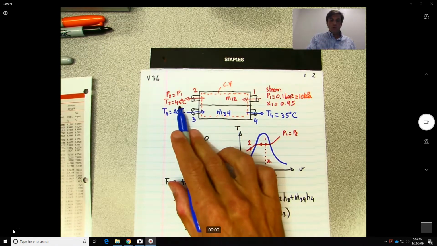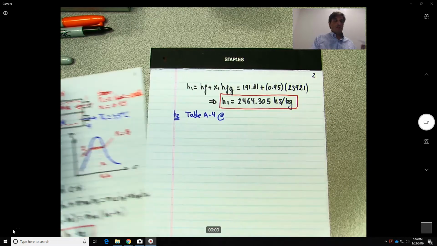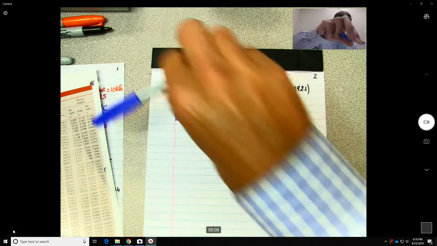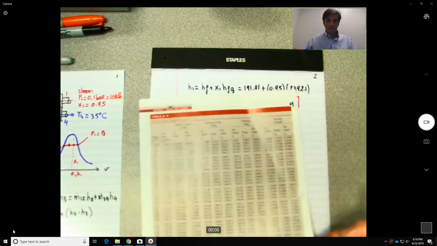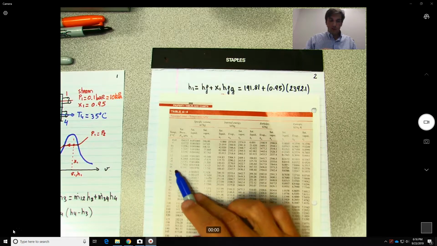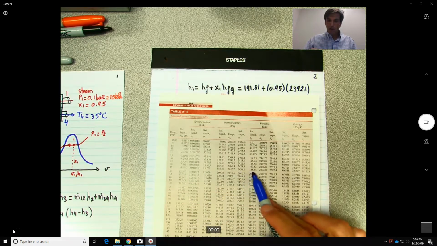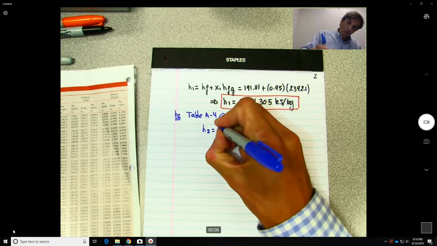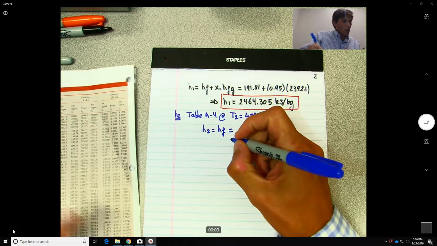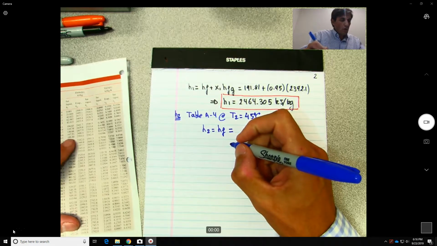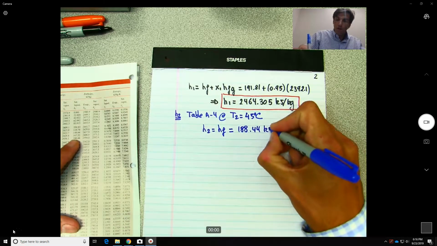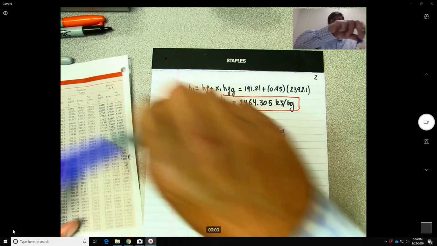So for H2 we need to look at 45 degrees Celsius. What do we have? 45 degrees Celsius. This time we are only interested in Hf, which is 188.44. So we have H2 equal Hf equal to 188.44 kilojoules per kilogram.